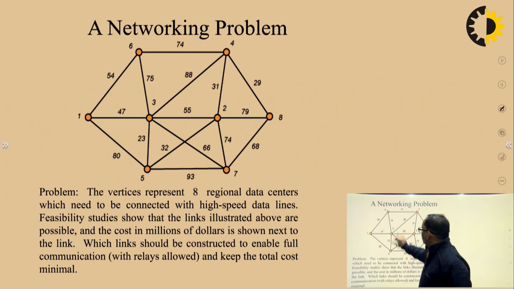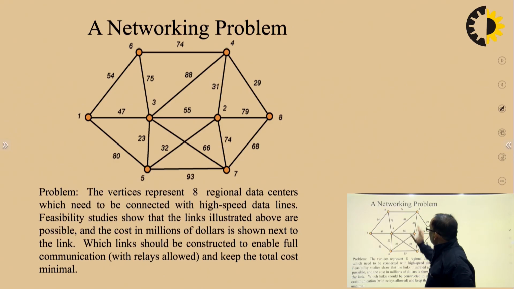There are some nodes or devices and they are connected with each other. Suppose this is a graph corresponding to a network, and nodes are connected through edges, and this is the weight of every edge, or you can say this is also the cost of the edge.